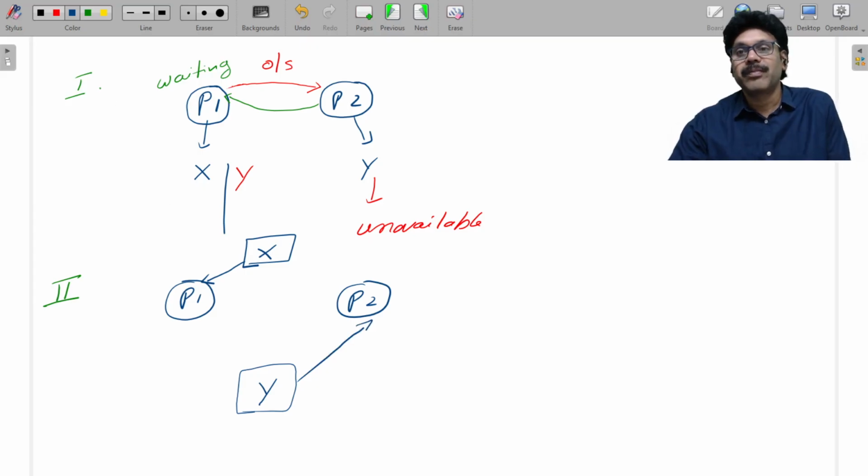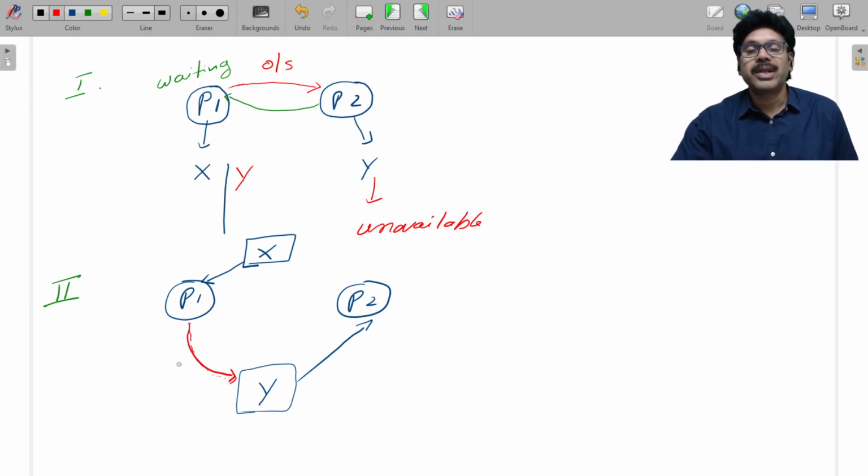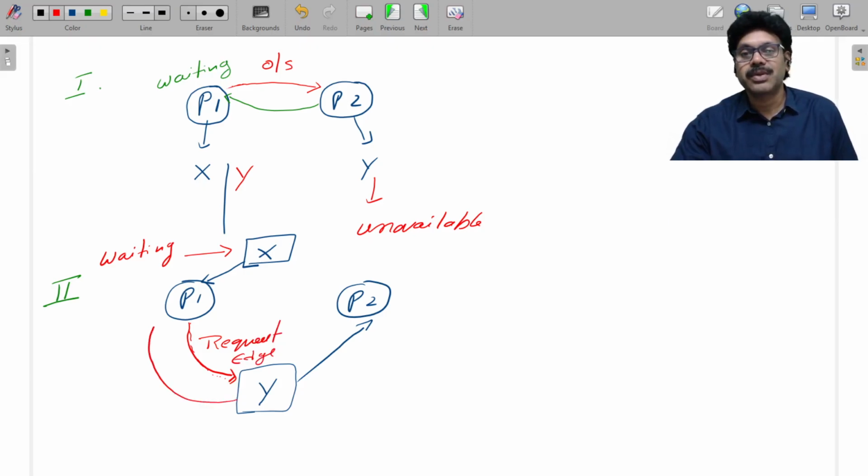Now P1 needs resource Y, so it keeps a request to the operating system that I want resource Y. Again, the operating system re-verifies whether resource Y is freely available or not. As it is not freely available, this request edge becomes a waiting edge. So P1 is supposed to be under waiting.